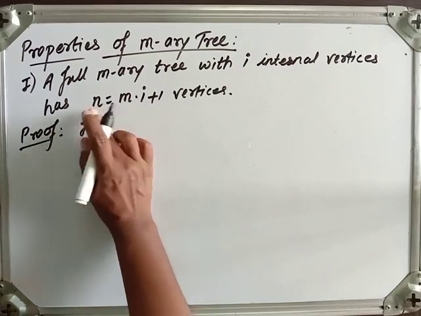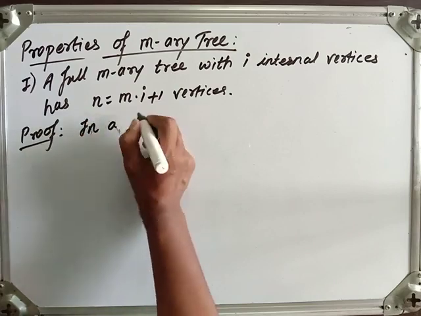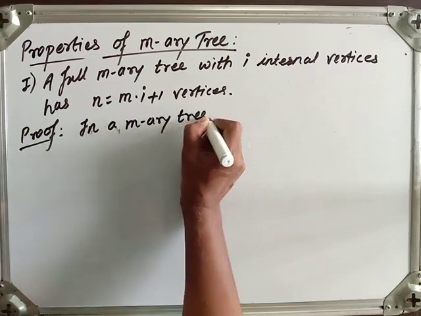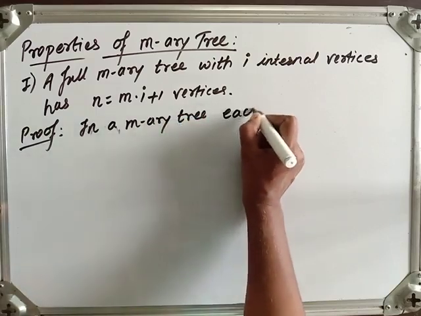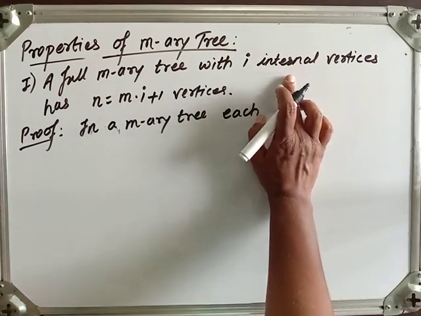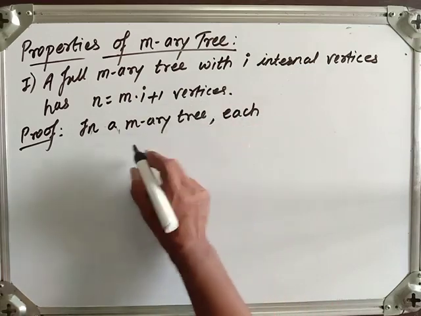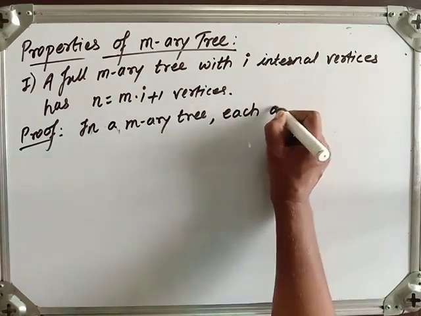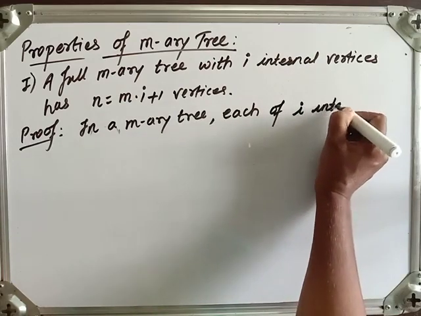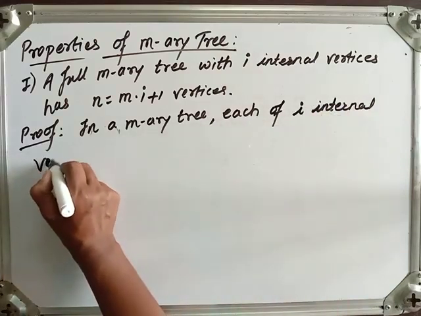In an m-ary tree, each internal vertex means what? A parent. Those vertices which are the parents are nothing but the internal vertices. So in this m-ary tree, each of the I internal vertices has how many children?